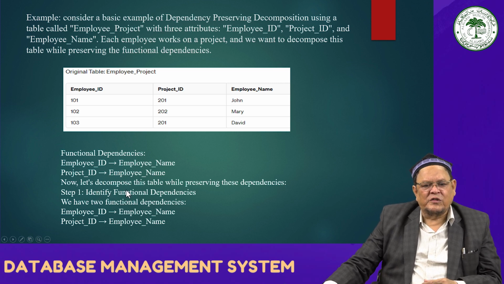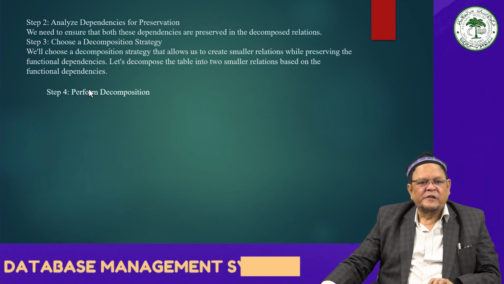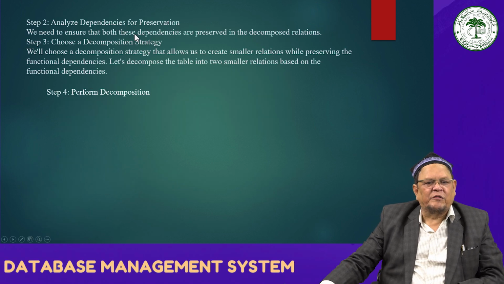Now let's decompose this table while preserving these dependencies. The first step is to identify the functional dependencies. We have two functional dependencies: Employee ID determines Employee Name, and Project ID also determines Employee Name. Analyze dependencies for preserving.